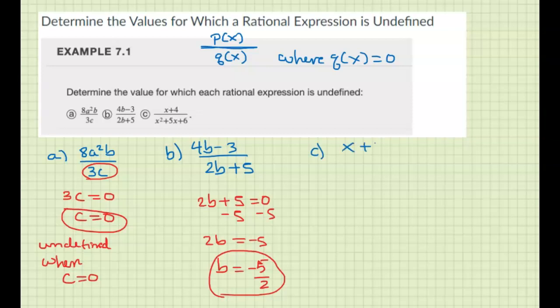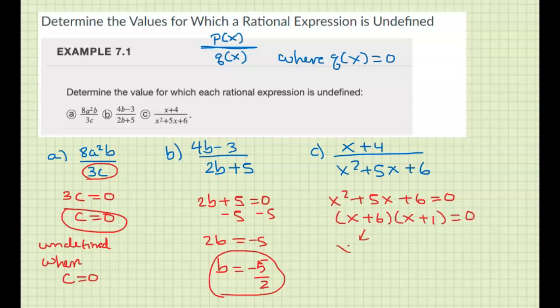For C, we have x plus 4 divided by x squared plus 5x plus 6. So we're going to take the denominator and make it equal to 0. Because this is a quadratic, to solve this equation equal to 0, we factor. So we have x plus 6, x plus 1.